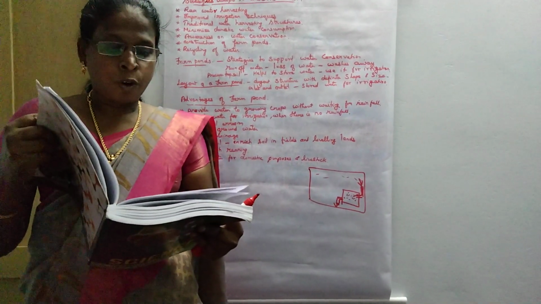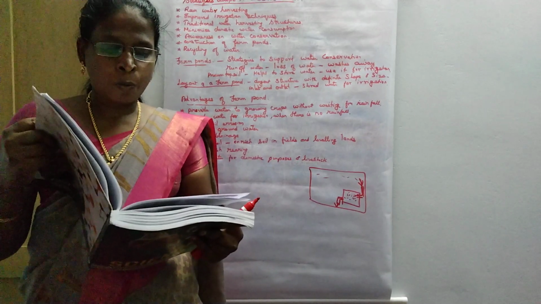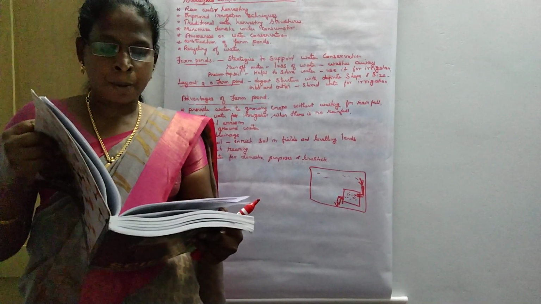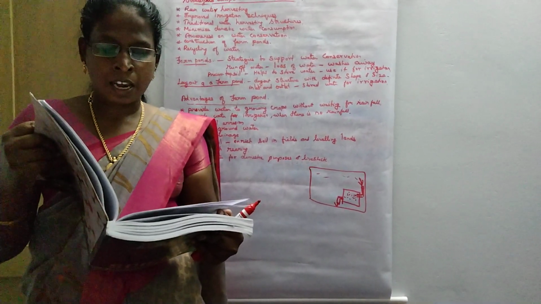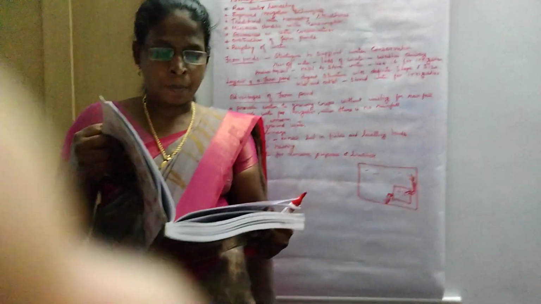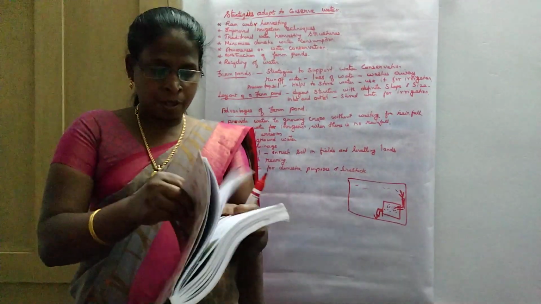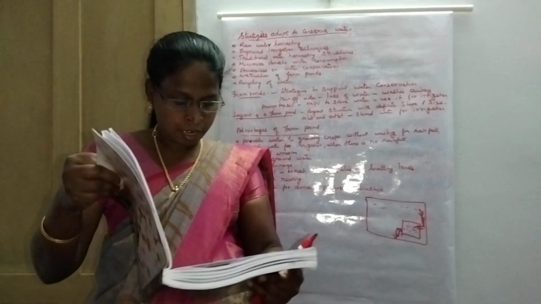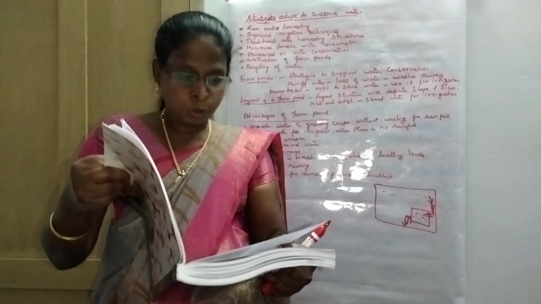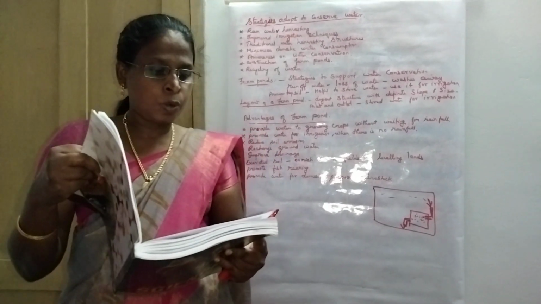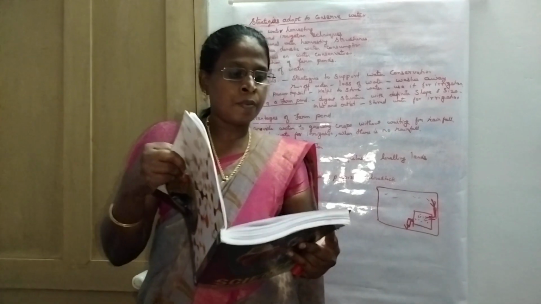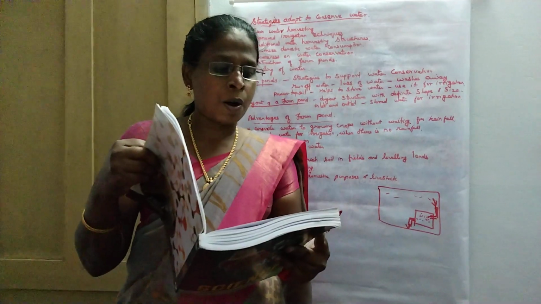Then Roman letter 4, second one. Why are streamlined bodies and presence of setae considered as adaptation of earthworm? For that question, the answer is in page number 296. 296, second para, streamlined body.